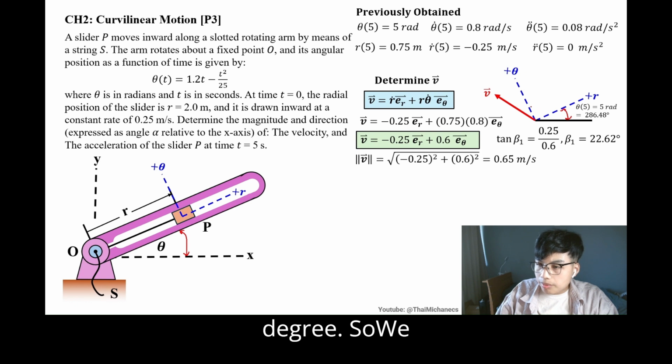So we then try to calculate the angle beta 1.